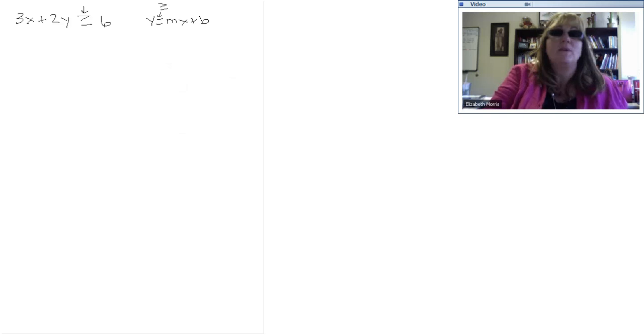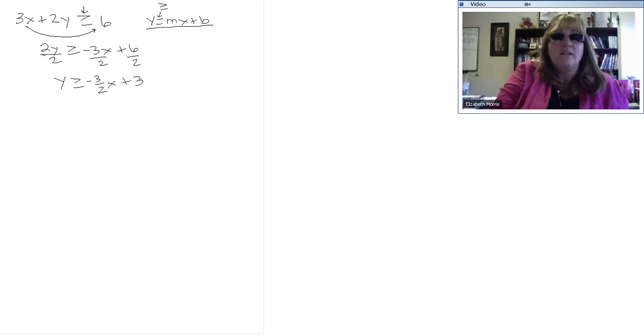Which means to get it in y equals mx plus b, I need to move the 3x over. So when I move it over, it becomes negative. And I need to divide by 2. So I get y is greater than or equal to negative 3 halves x plus 3.